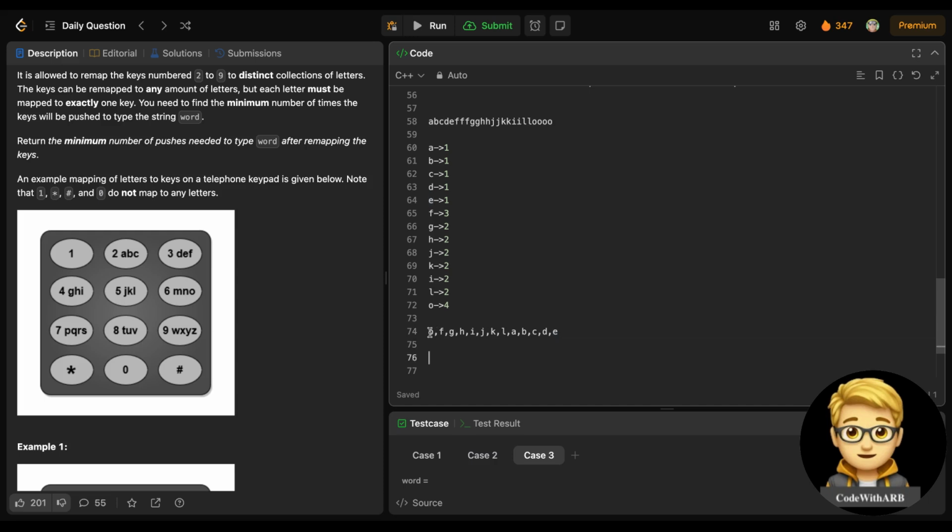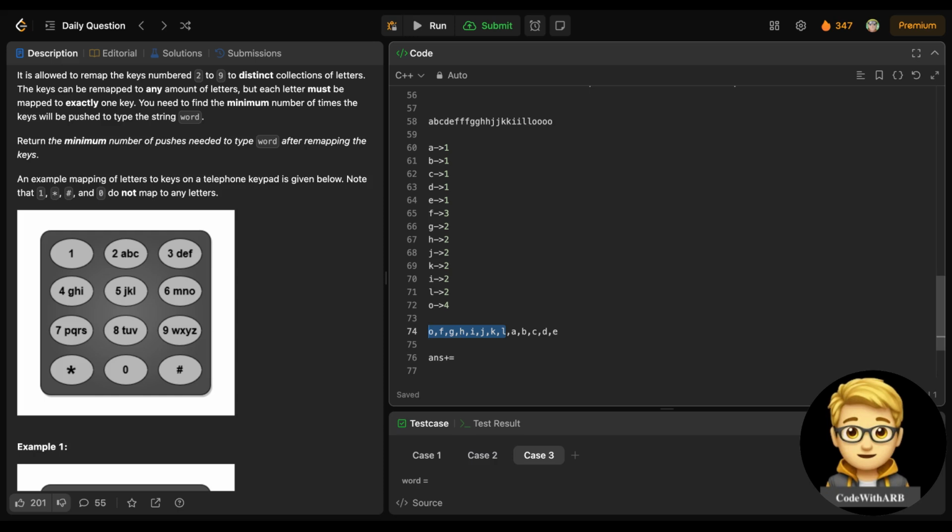So basically, if you see from F, G, H, I, J, 2 to 4 to 6 to 8 till L, I can get this in one push, right? So what will the answer be? We will calculate the frequencies of all, because for these I can get all these characters in one push, so I will just count it by one.